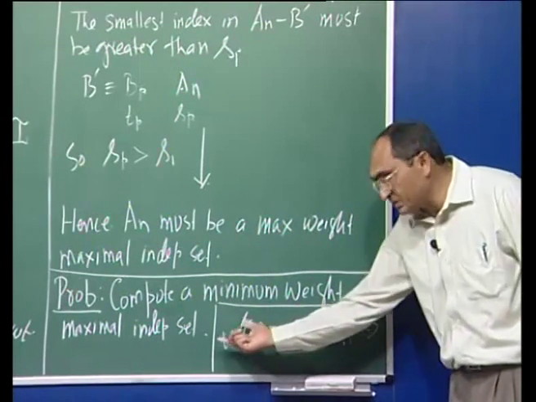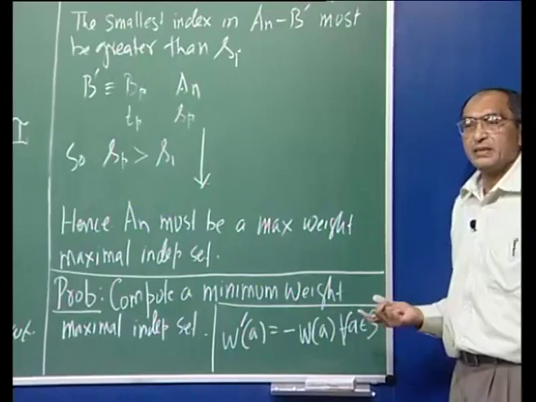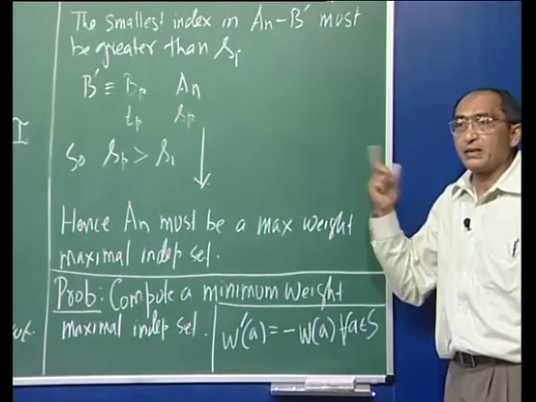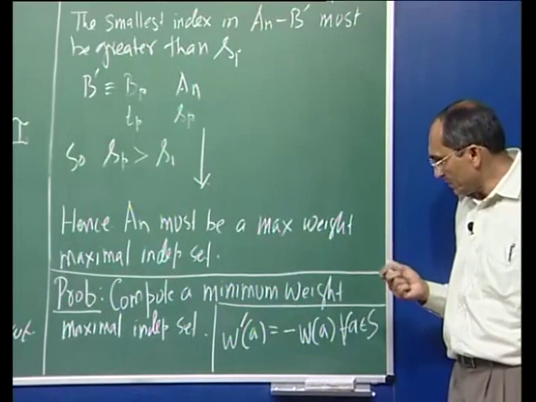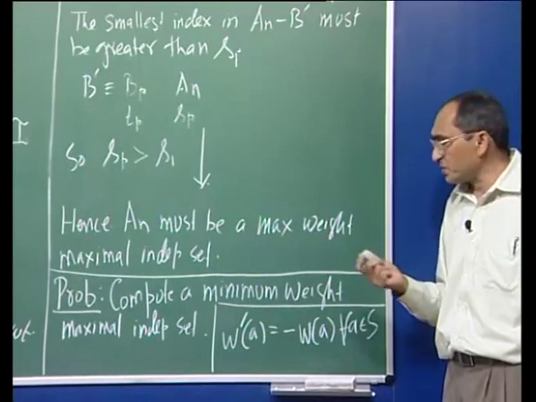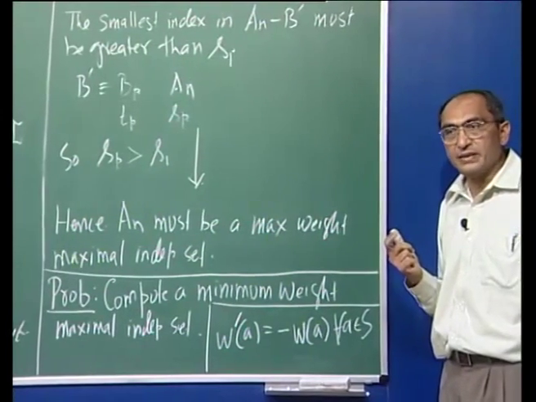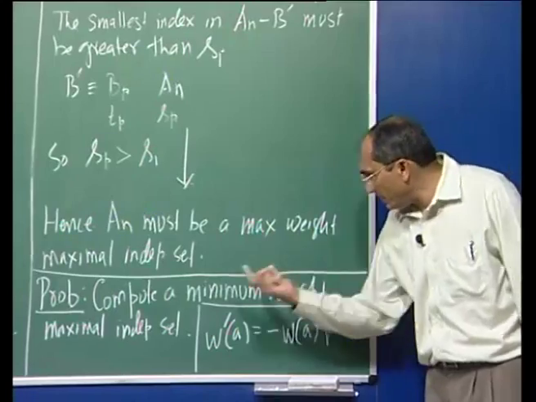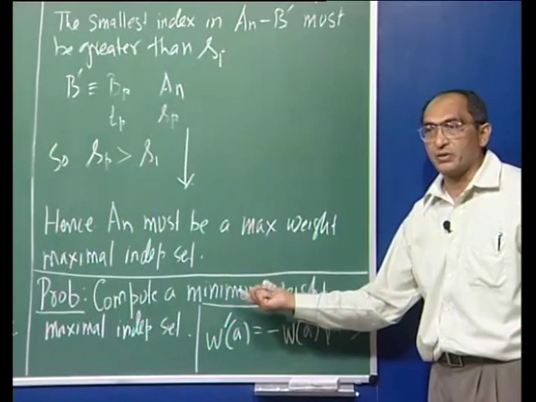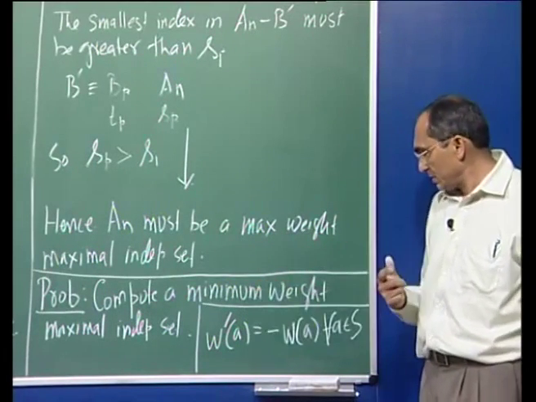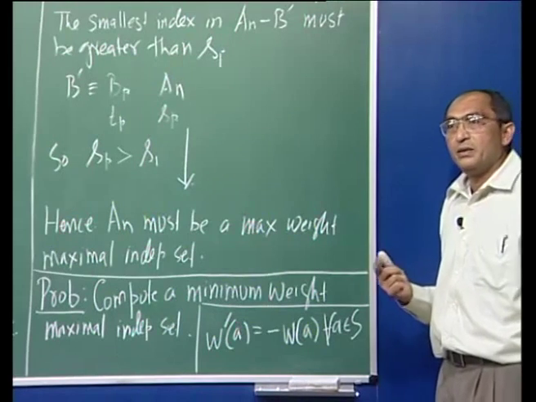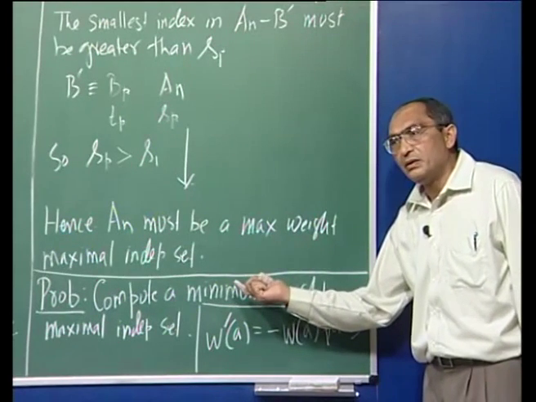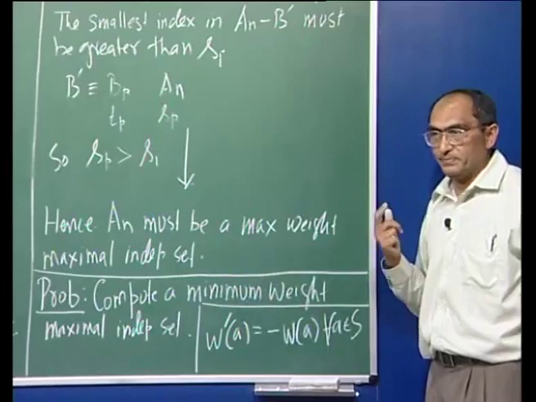The implication of this observation is that in our algorithm, the first step where we are sorting the elements of S, for minimum weight we will have to sort in the reverse order. We will have to sort in non-decreasing fashion.